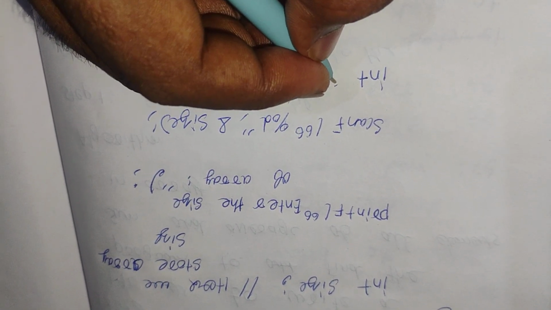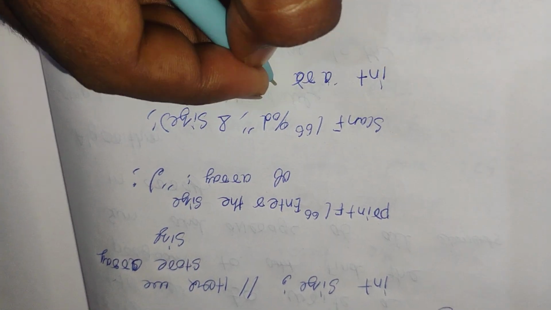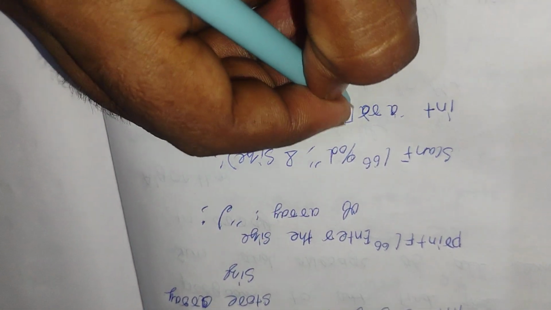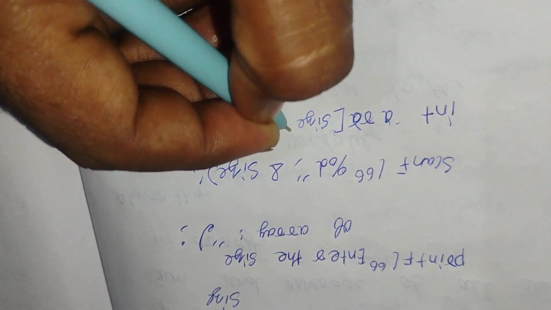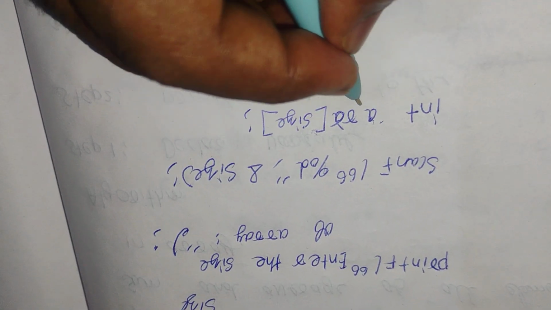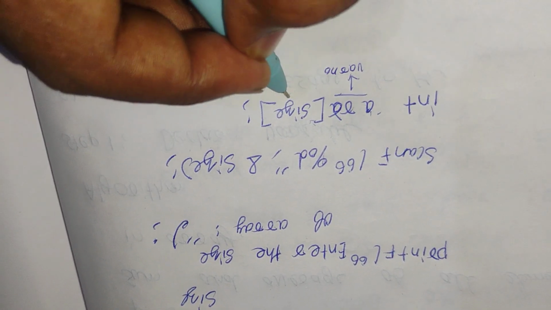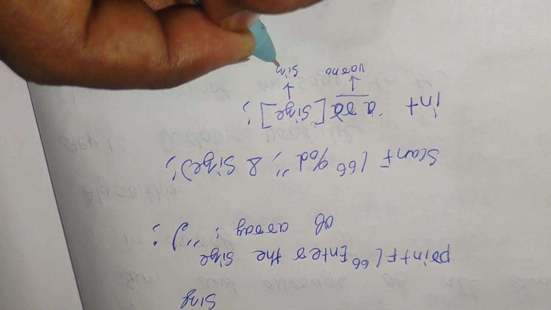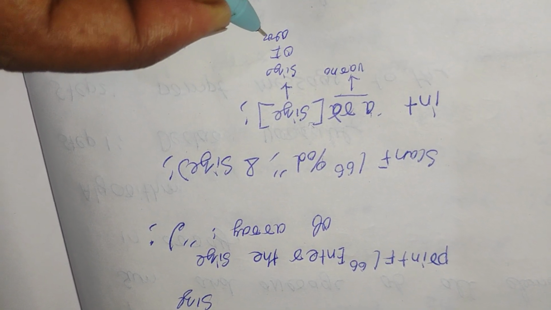So int, so what is the integer data type I am going to create? Now we are going to create an array variable. In the array, this is the variable name, and this is the size of the array.